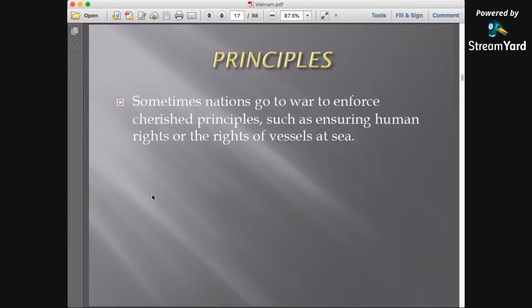Principles. Sometimes nations go to war to enforce cherished principles, such as ensuring human rights or the rights of vessels at sea. You look at Taiwan, you look at the Chinese Navy going right beside the Straits of Taiwan recently, and it's still a pretty big issue in the world today.